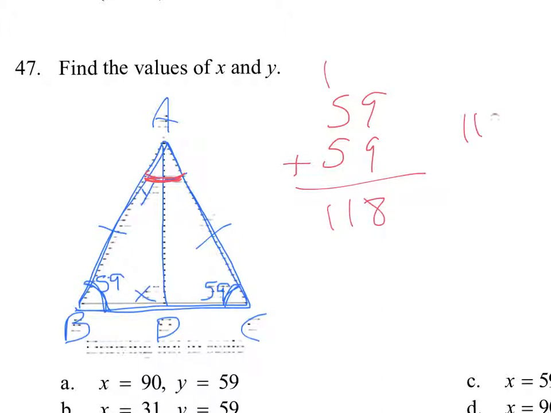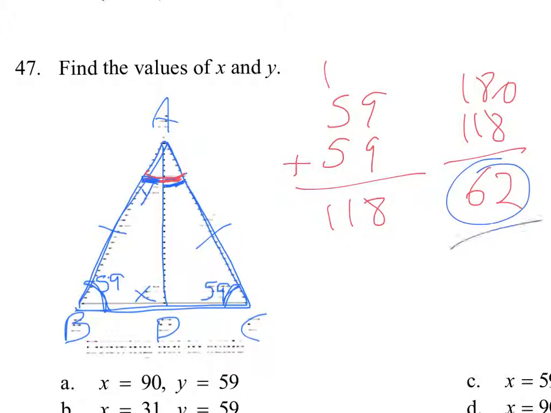So if we subtract 118 from 180, we end up with 62. Now notice that these two angles were congruent to each other. That means they both add up to equal 62. So if we take half of that, we end up with 31. So each angle is 31 degrees. So that leaves me with y equaling 31 degrees.